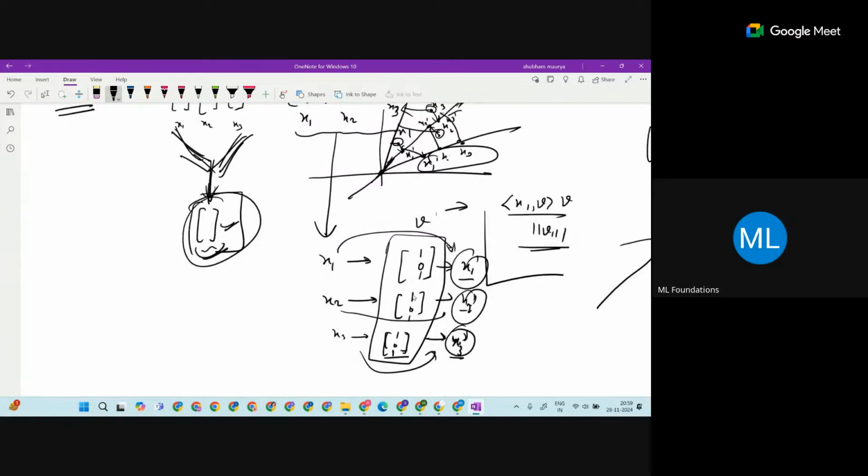If you calculate the error, it is x3 prime minus x3, x2 prime minus x2, x1 prime minus x1. This is the error. How can I reduce this error, how will I get the minimum error? The PCA algorithm tells you where to project so that you get the minimum error and also the maximum variance.